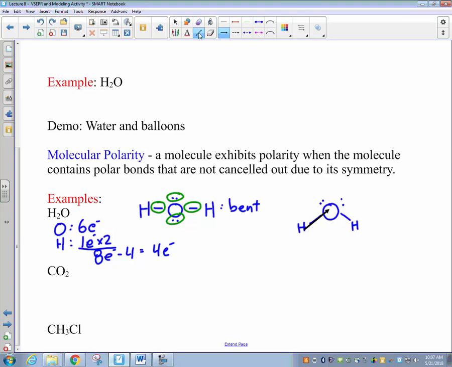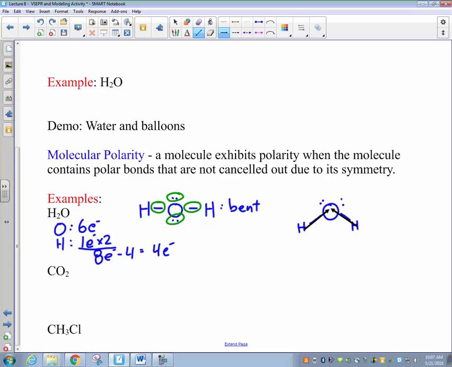Likewise, I'm going to draw a second vector dipole, showing the relative difference in electronegativities between the oxygen and hydrogen in the second bond within my molecule, again pointing from the positive side towards the negative side. You'll notice I'm drawing that vector with an arrow of the exact same length, representing the exact same separation of charge as in the first bond, because there's the same difference in electronegativity between the 2 atoms involved in that bond.